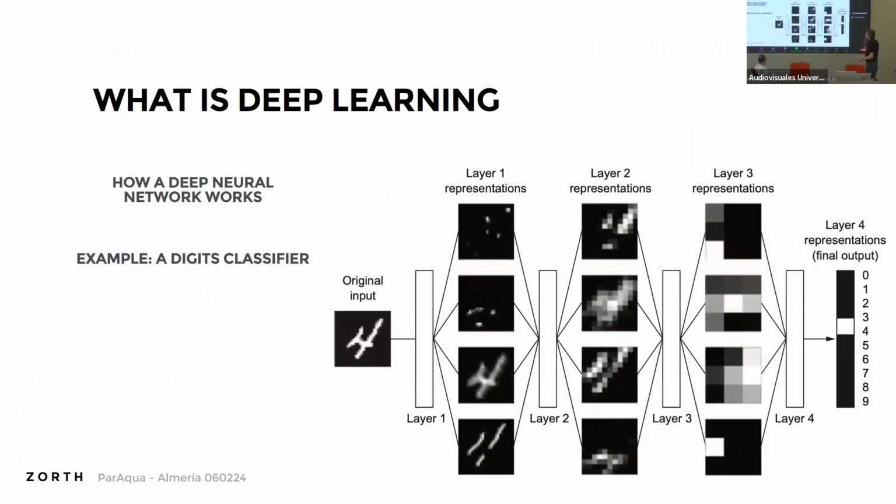Now, here's the way it works. You've got your original input. What layer one does is analyze features. We're going to find features in every single one of these layers, and you can see that those features are going to be abstracted. So we're going to lose information. Layer by layer, you're losing information, or so you think. When you're reaching layer 3, you've got those representations that are in no way close to what your original input is.